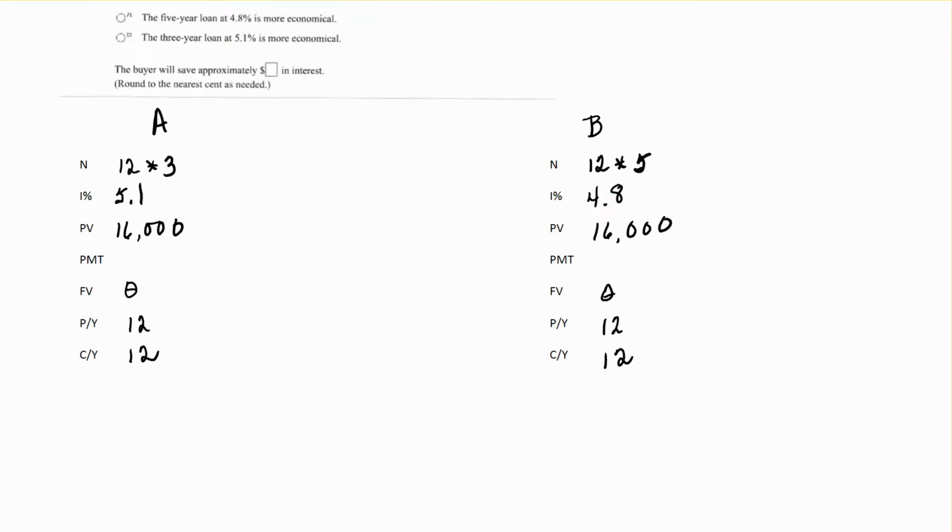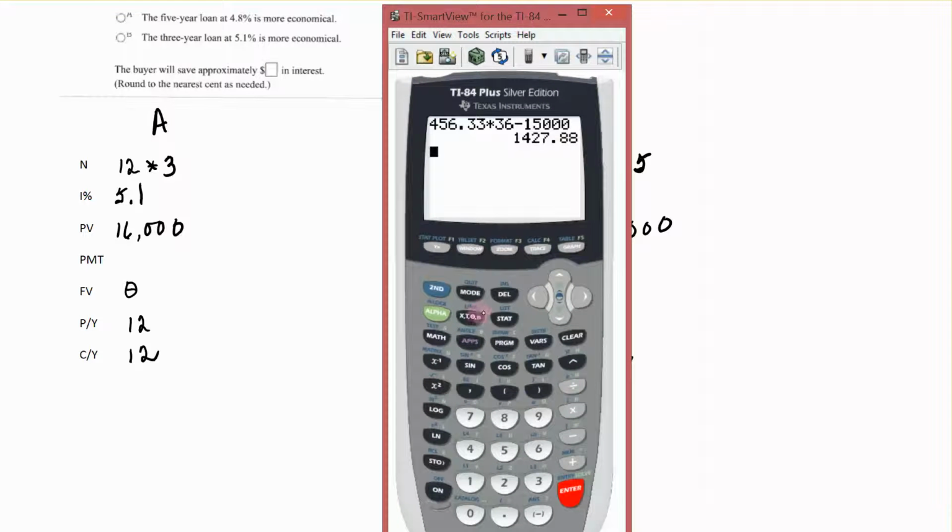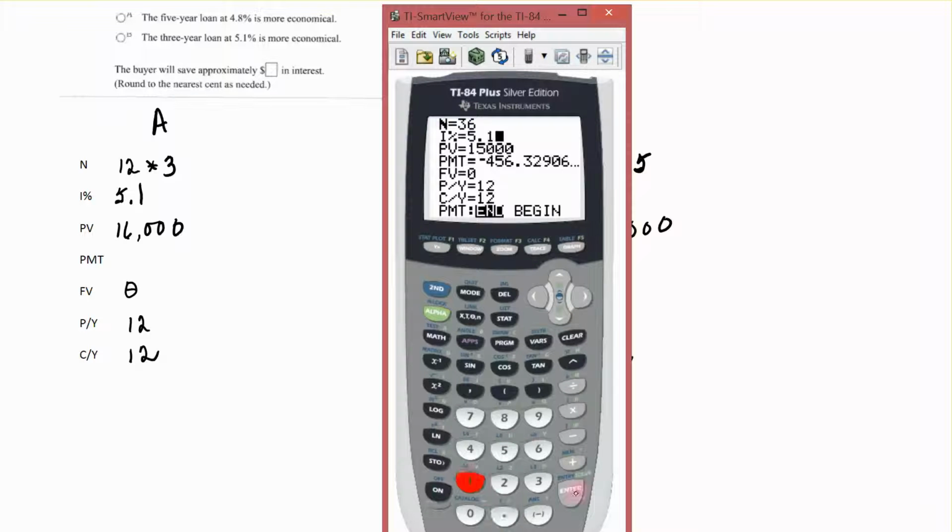So, calculator. I'm going to go to Apps, Finance, TVM Solver. I need 12 times 3, which is 36, so I can leave that. Interest rate, 5.1. Present value, 16,000. I'll come back and figure out the payment.